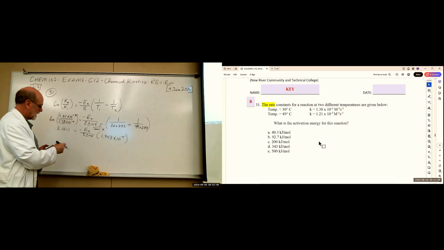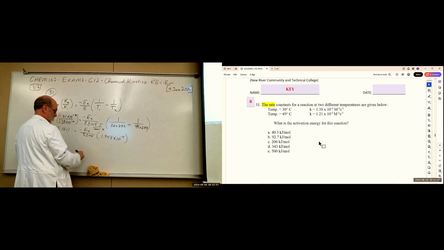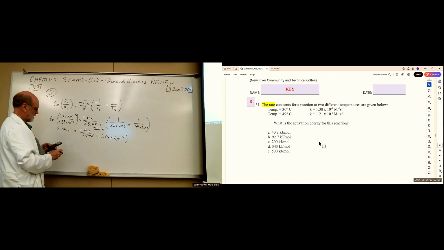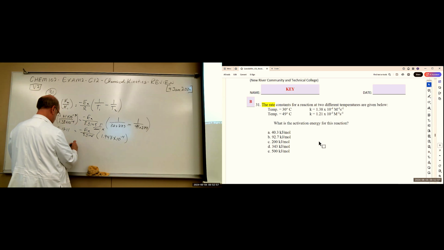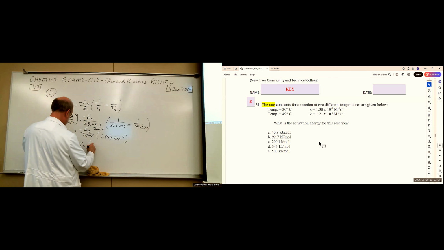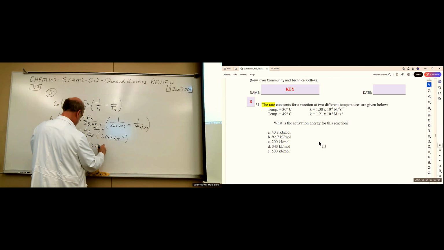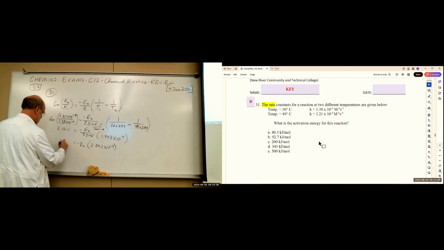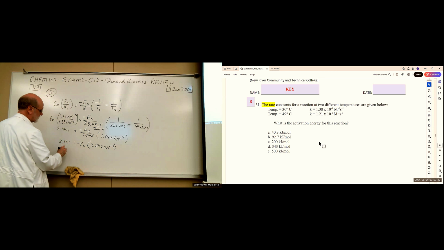Okay. I can divide this one into that one. And that gives me a value of 2.342 times 10 to the minus 5. And this is 2.1711.